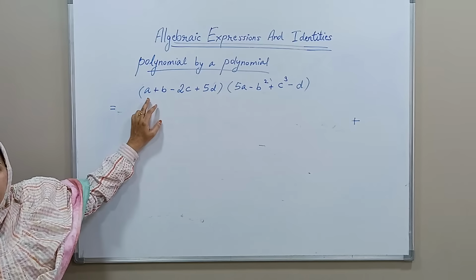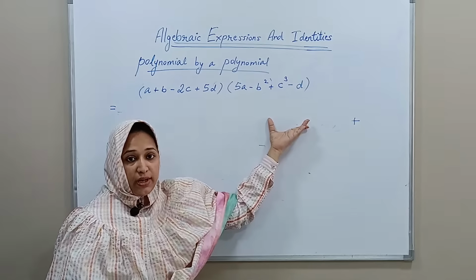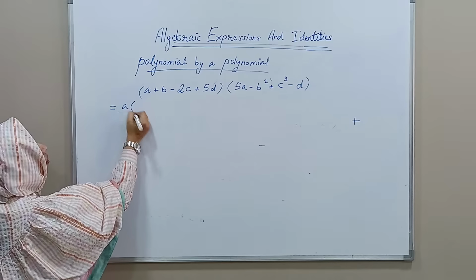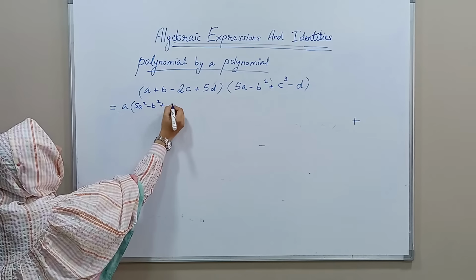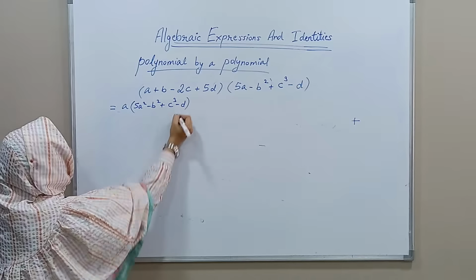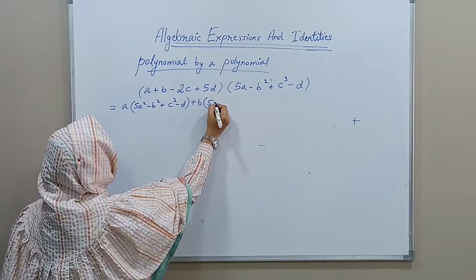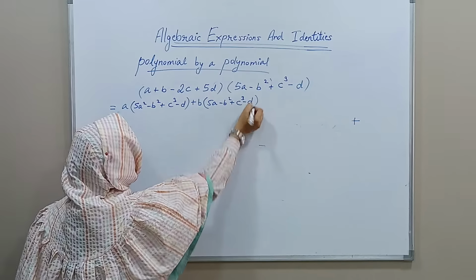We will write the first term of the first expression and the complete second expression as it is. So let us start with a, bracket 5a minus b square plus c cube minus d. Then we have plus b and bracket again 5a minus b square plus c cube minus d.